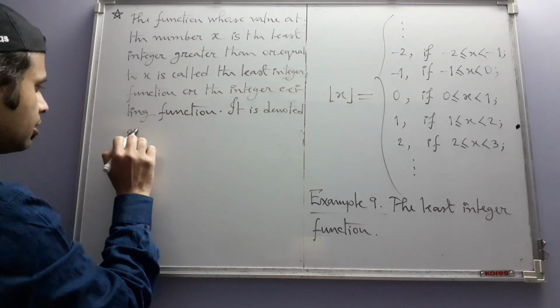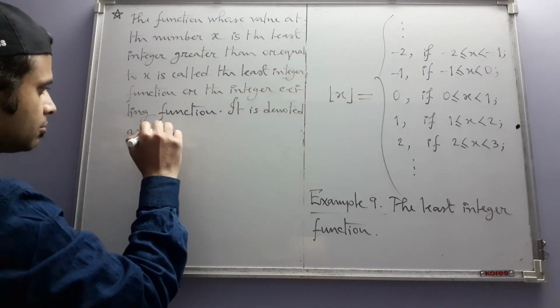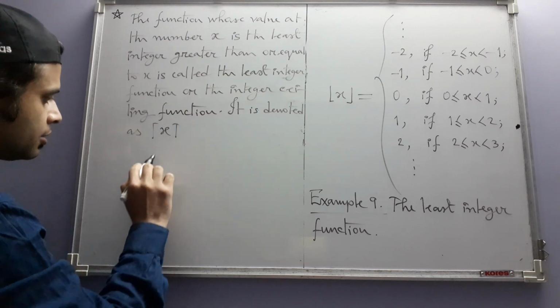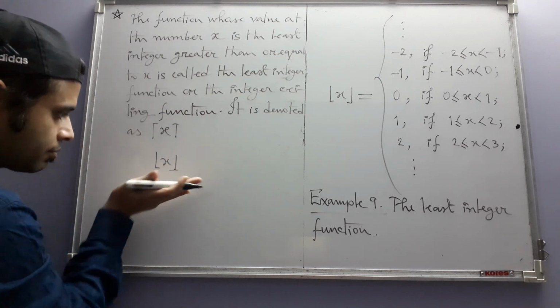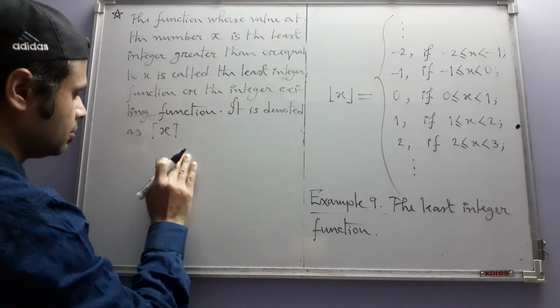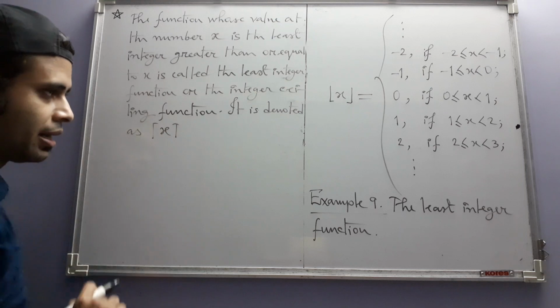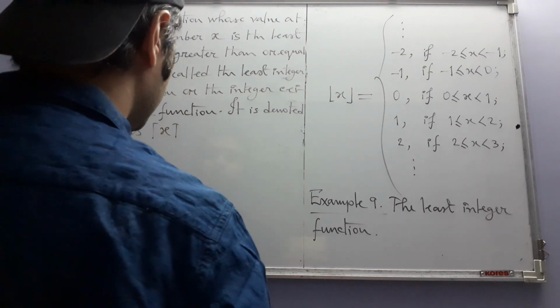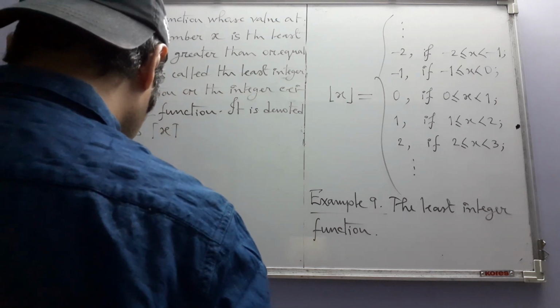It's denoted as this. This is the floor and that is the ceiling. Okay, so we have the horizontal bars on top of x.